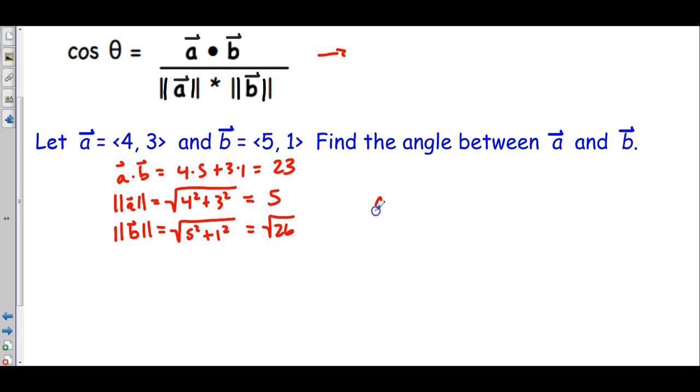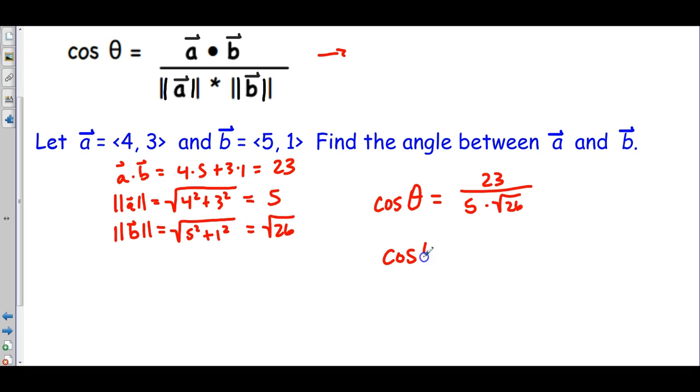So I know the cosine of the angle that we're interested in between the two vectors is equal to the dot product, which we said is 23, over the magnitude of the first vector times the magnitude of the second vector.